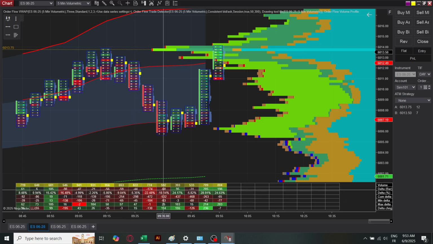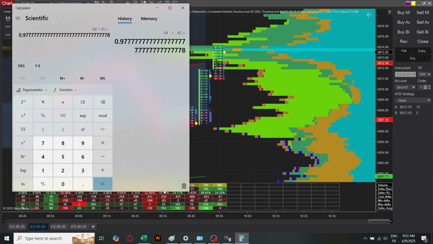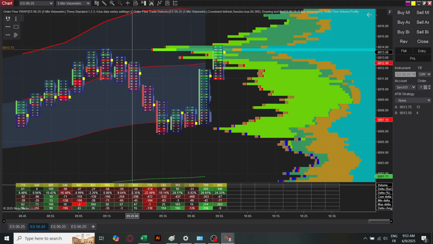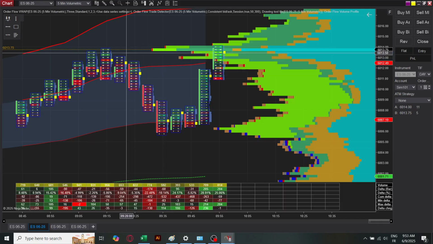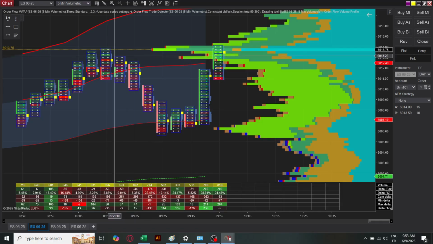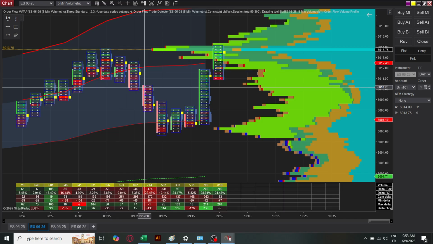This is like 97%. So sellers are very strong in here and the price will come down. Especially when there is a resistance over here, and if we face an absorption, god damn, this is an A+++ setup.